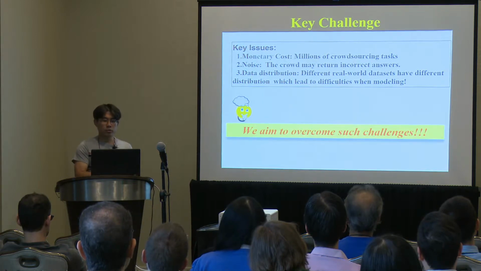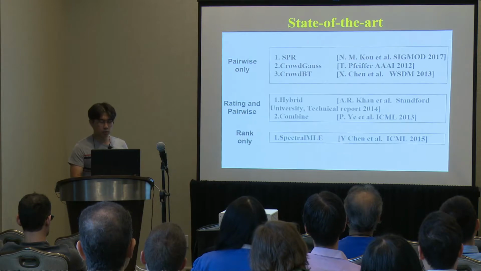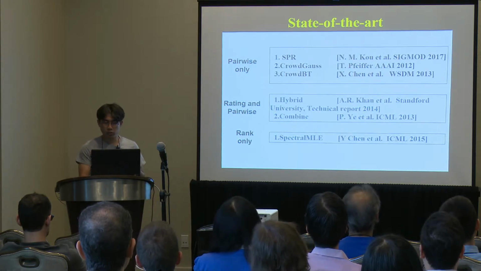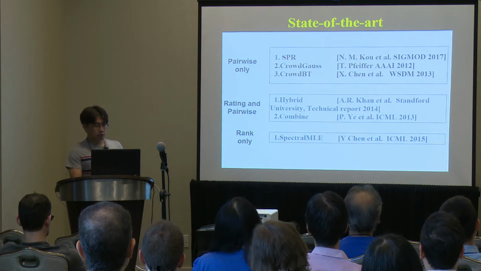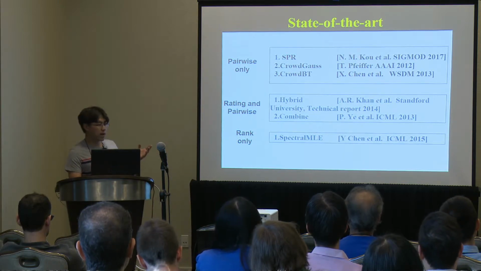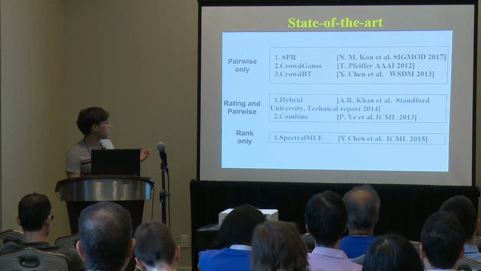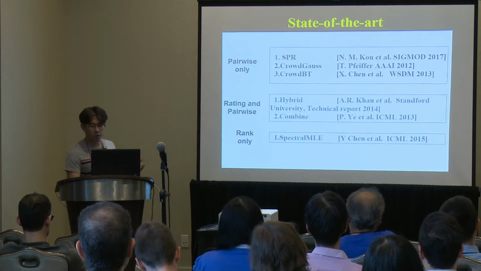Based on such challenges, we aim to overcome them. There are many state-of-the-art methods. The first type is pairwise only, the second type is rating and pairwise, and the third is rank only.